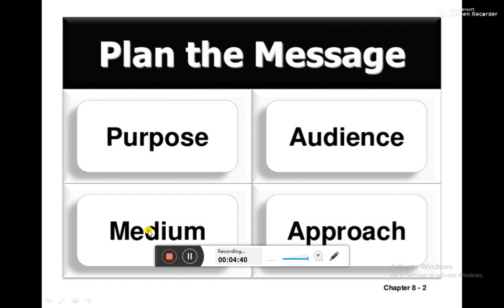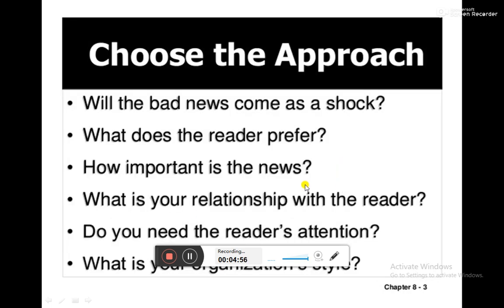In contrast, the indirect approach opens with a buffer, then builds up the reasons behind the bad news before presenting the bad news itself.